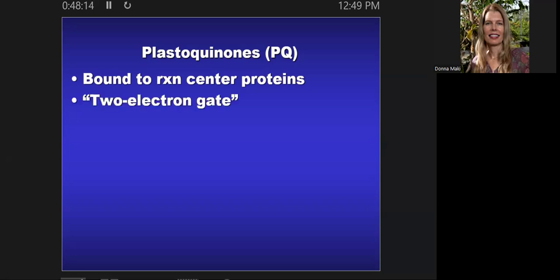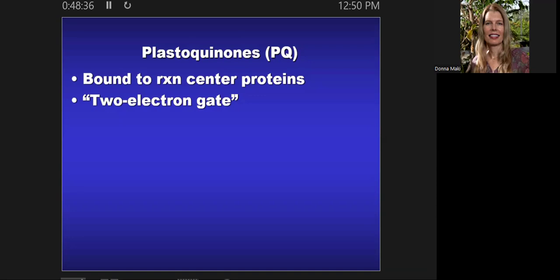And the plastoquinones, when you look at them chemically, they're what we refer to as a 2-electron gate. And what that means is plastoquinones, in order to be chemically stable and happy, so to speak, they need 2 electrons, not just 1.